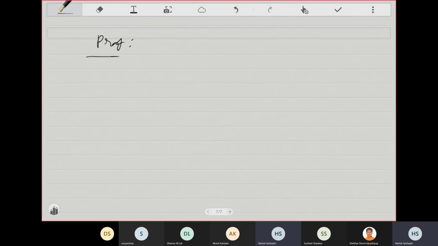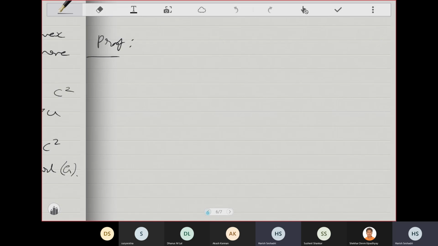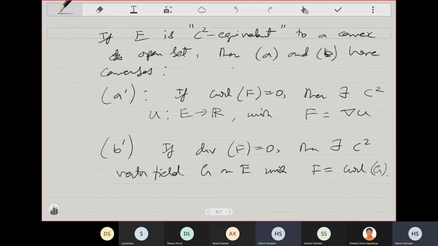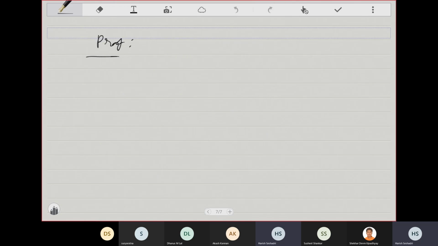So the point is, for all these A, B, and their converses, the idea is to work with the one form analog. Given a vector field, we get a one form. So let's translate these statements to one forms and see what happens. One form, and there's also a two form involved.